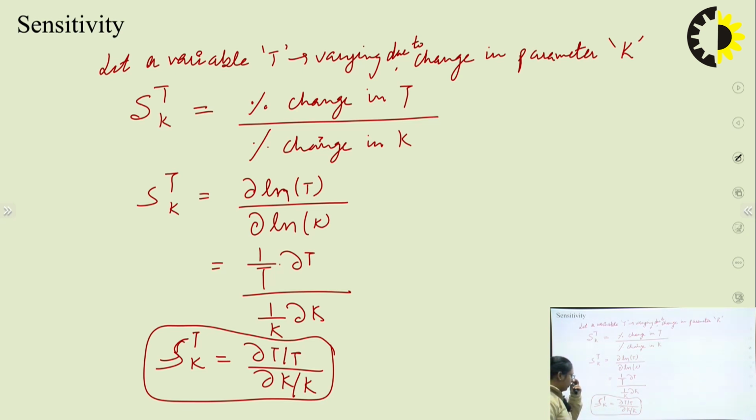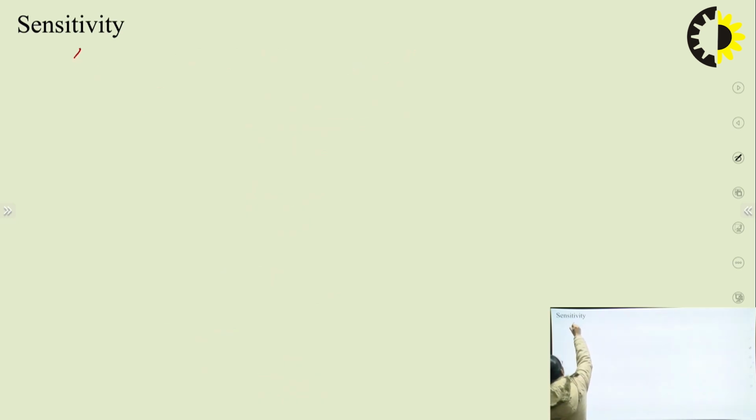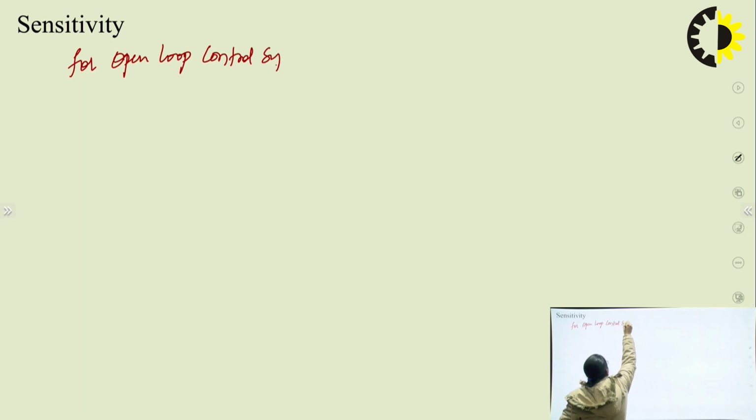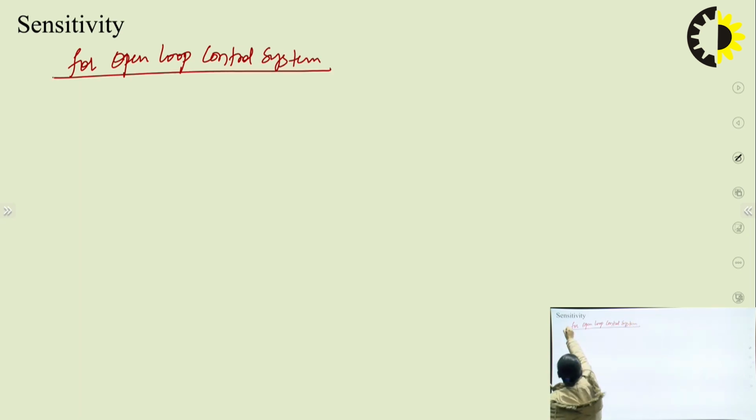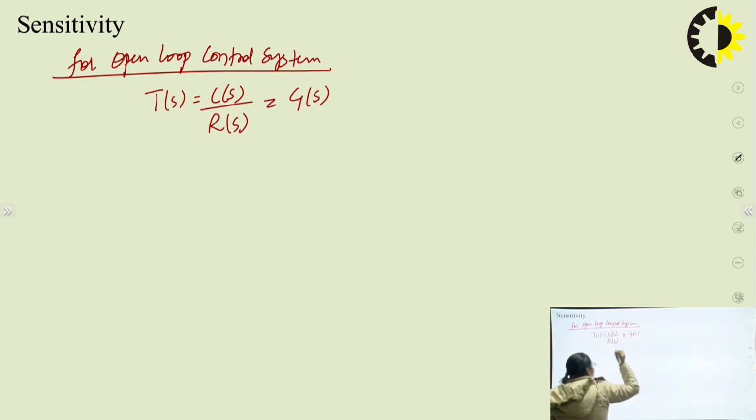Now talking about the open loop control system. We know that the transfer function Cs upon Rs is equal to Gs. Now let's say I have to find the sensitivity of the transfer function due to change in the parameter G, that is the forward path gain.